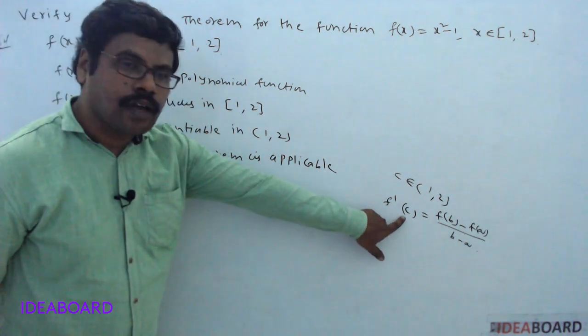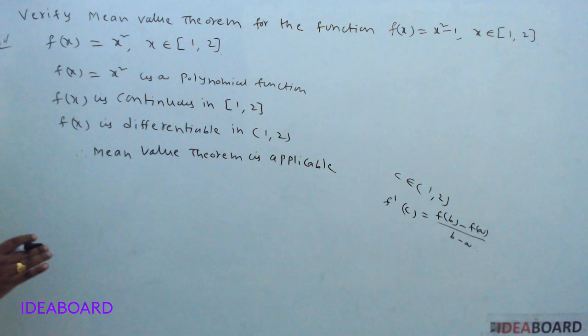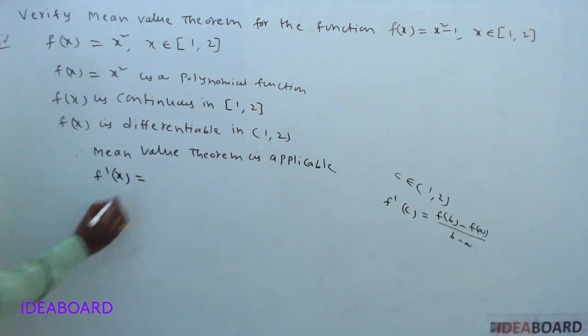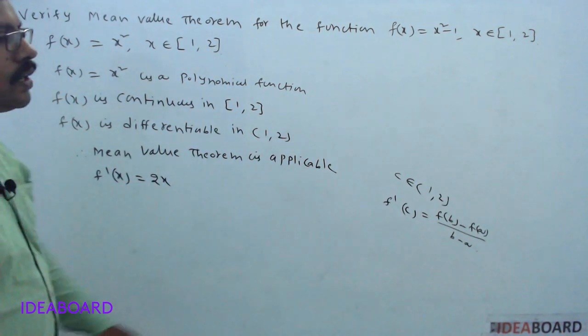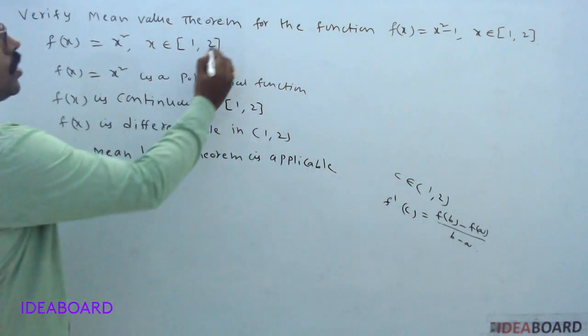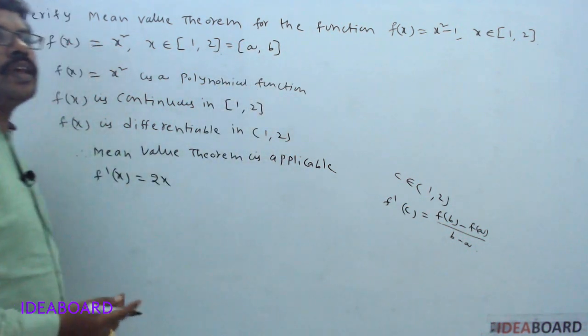So first we need the f dash of c value. For that, you calculate the f dash of x value. So f dash of x equals, what is the derivative of x square? 2x. Next you find out f of a and f of b values. Now compare the given interval with closed a comma b.